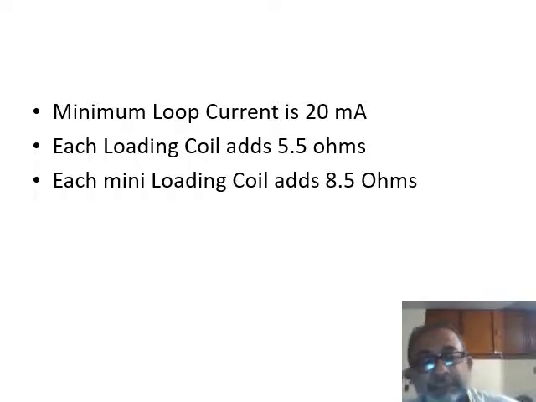For example, maximum loop current is 20 milliamperes, and each loading coil also adds 5.5 ohms. This is one of the negative sides of putting the loading coil, but we need to see if our signal gets an extension of distance.